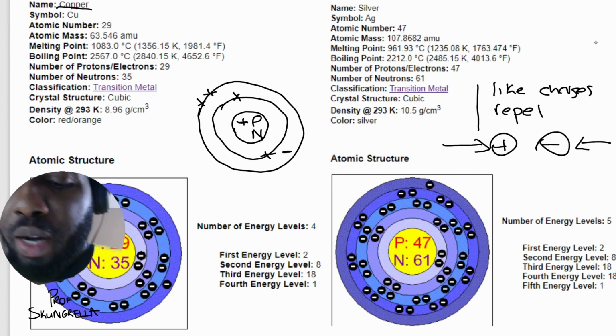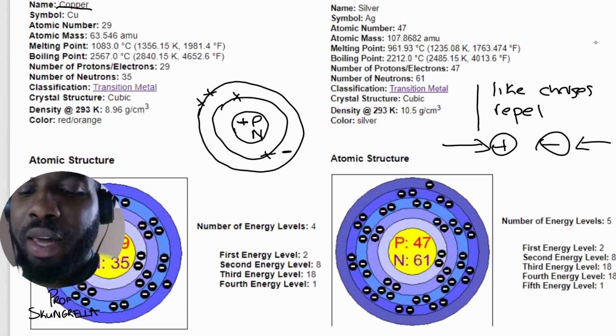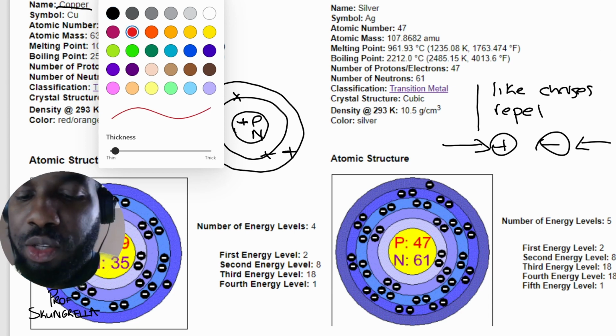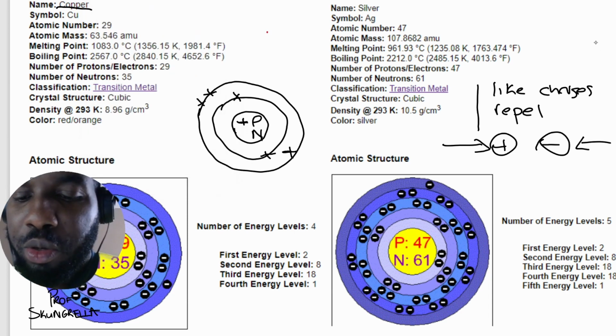Unlike charges are going to attract. So in the atom, we have an attraction between the electrons and the protons, right? This, in a sense, is keeping the electrons bound to the nucleus. If you look here, we have an attraction between the positive and the negative, right?